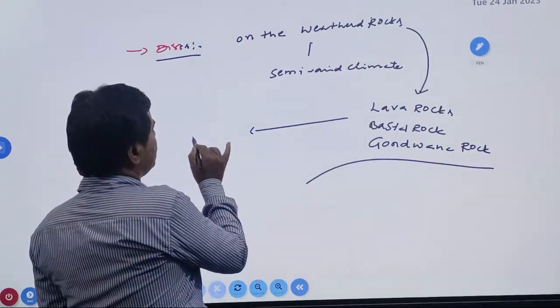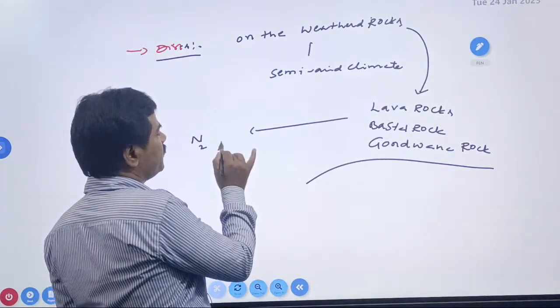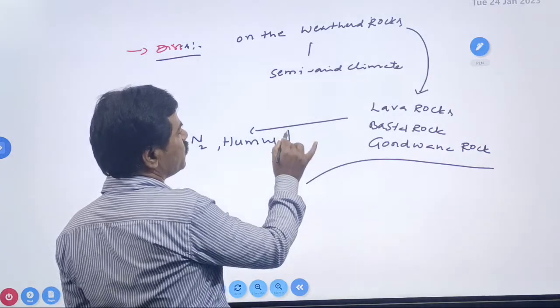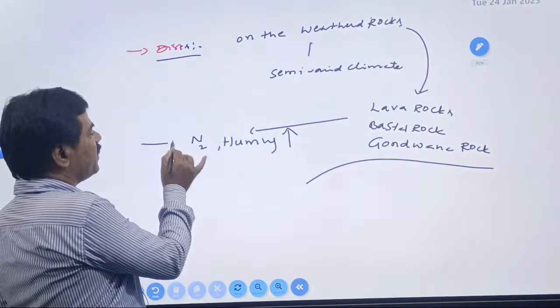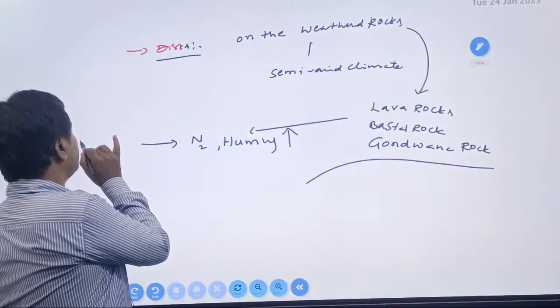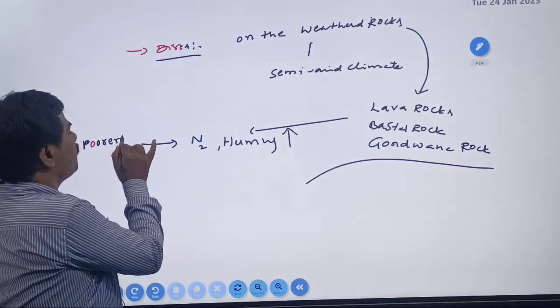So the nitrogen percentage is very low. Humus is also very low. These are the poorer minerals.